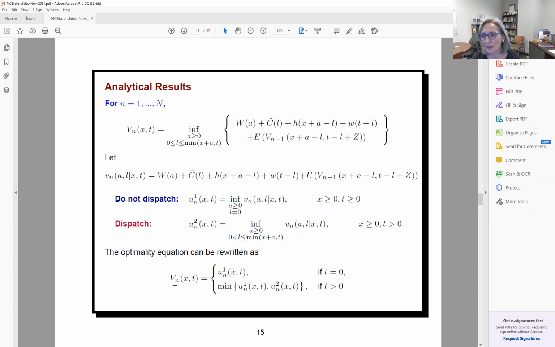Cost to go for period n, depending on the state variables x and t, is either U1n, this is the case if I do not dispatch, or the minimum of U1n and U2n, depending on what I do in terms of the inventory replenishment decisions.